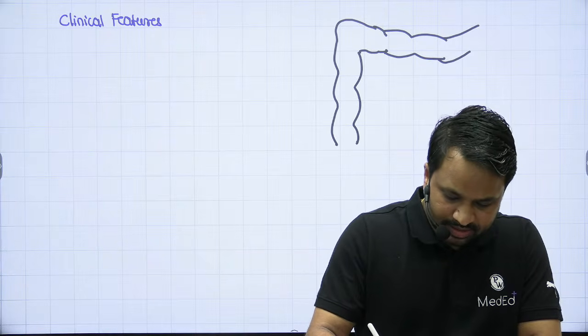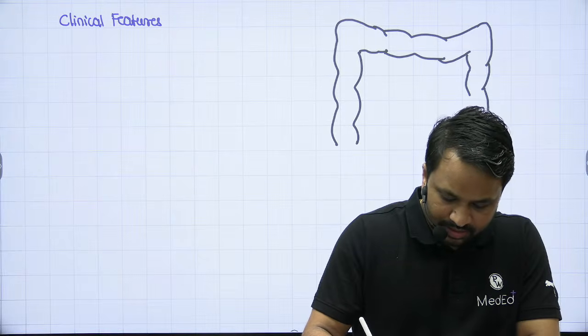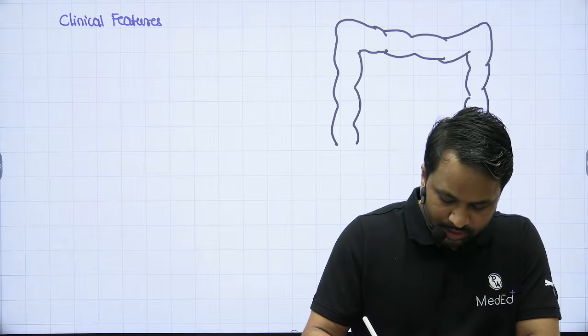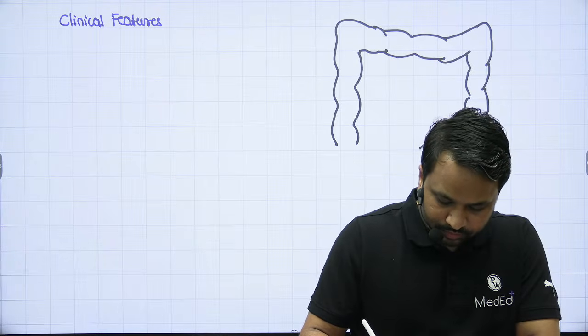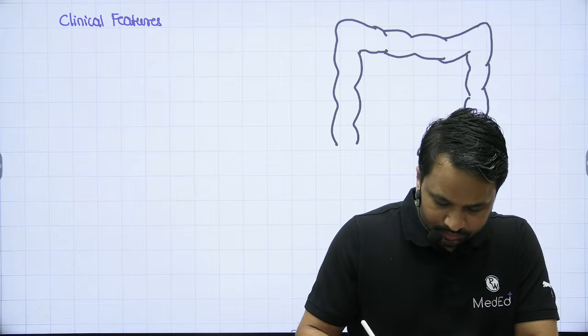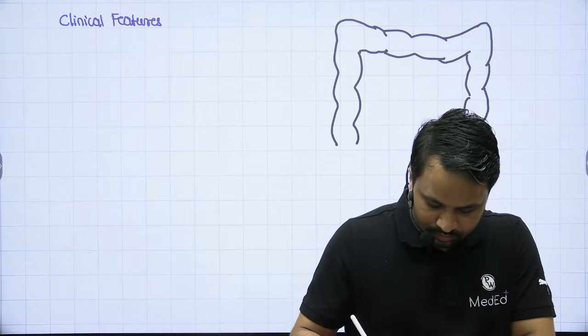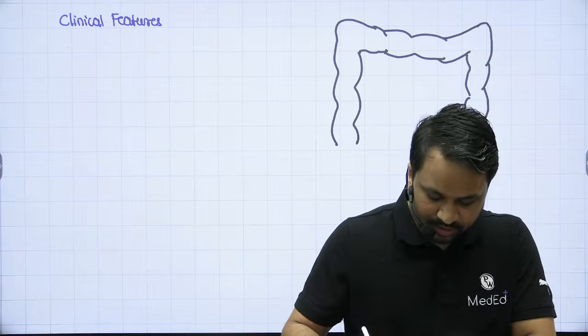This is the splenic flexure. This is the descending colon. This is the sigmoid colon. And from here your rectum is going to start. This is the rectum and this is the anal canal, right?